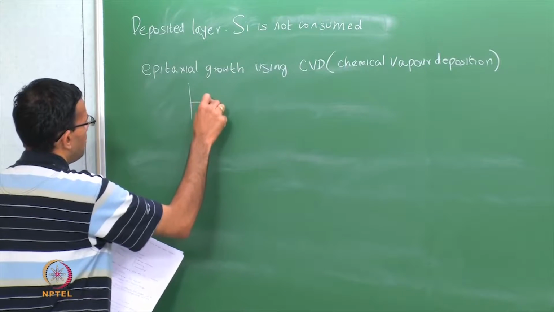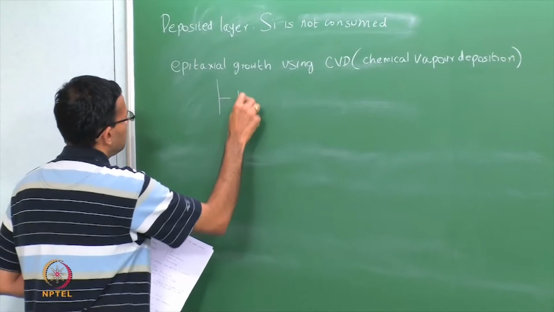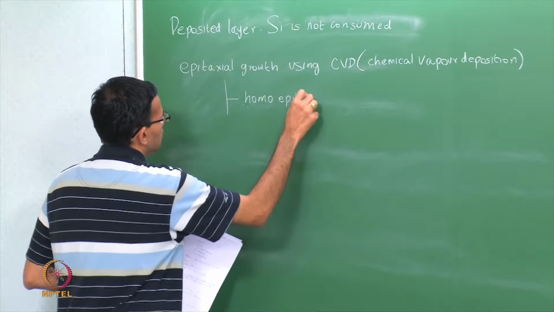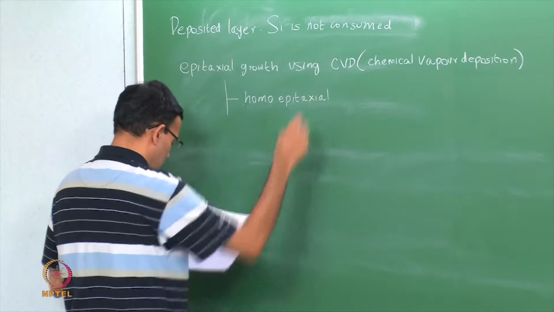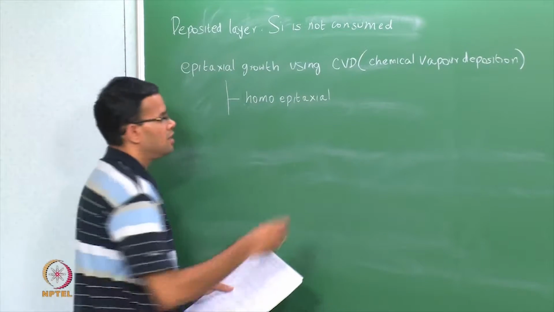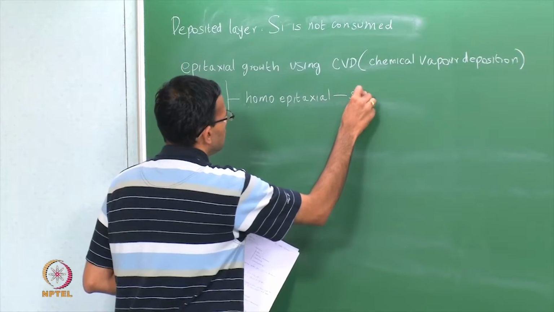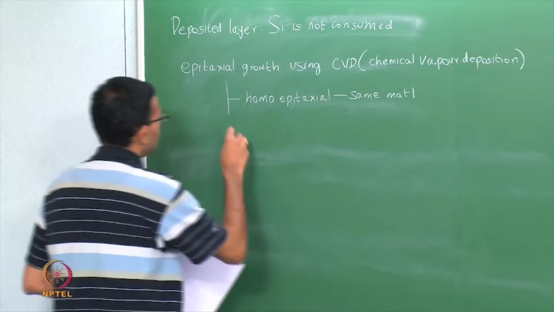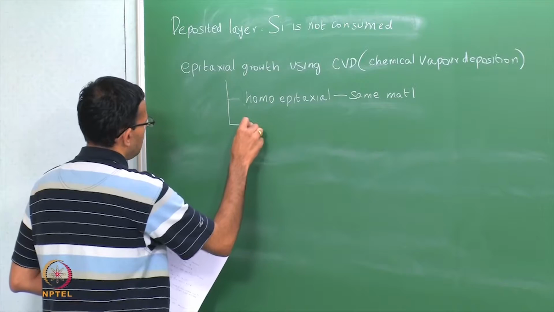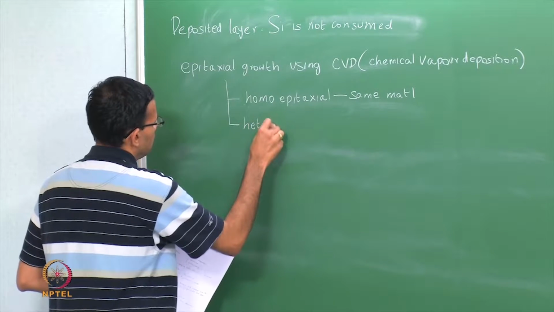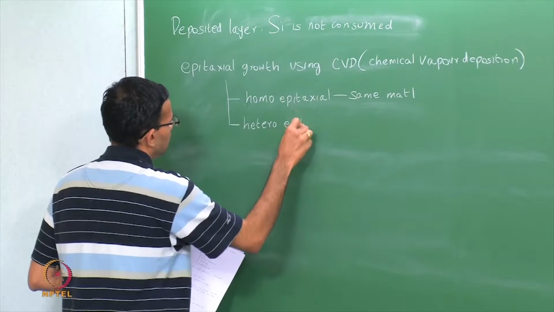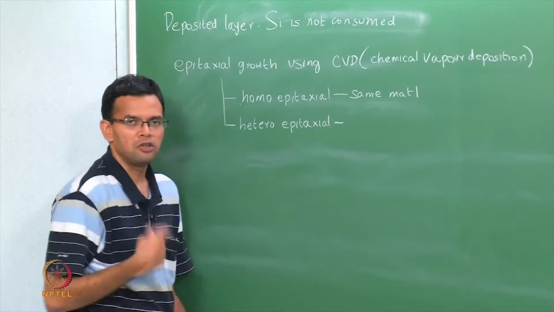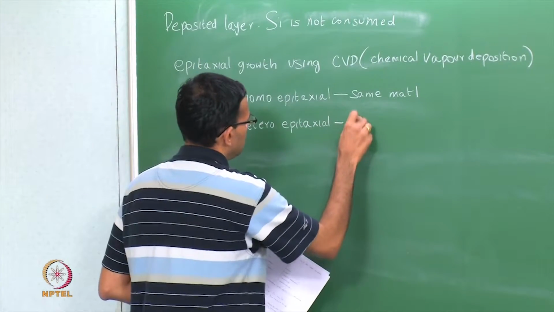Epitaxial growth can be homoepitaxial, in which case the material is the same. You can also have heteroepitaxial growth, in which case you are growing a different material.